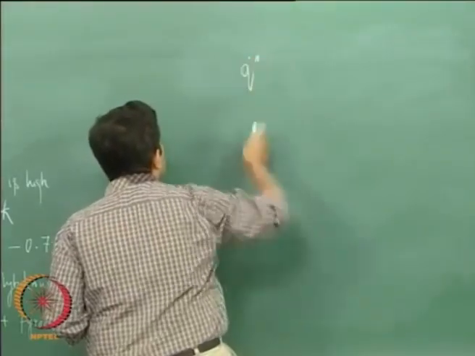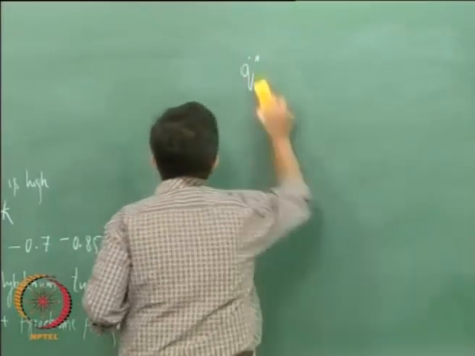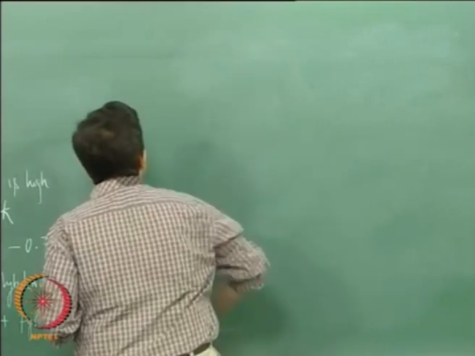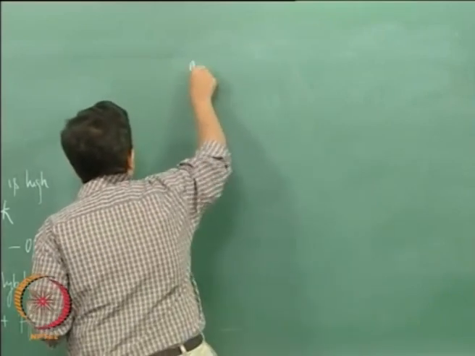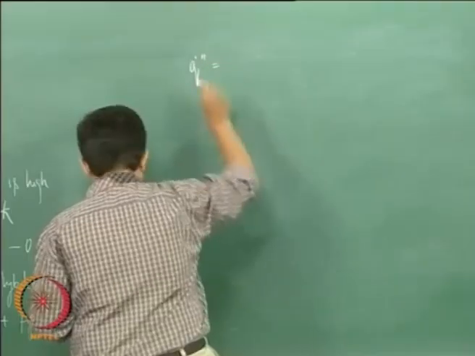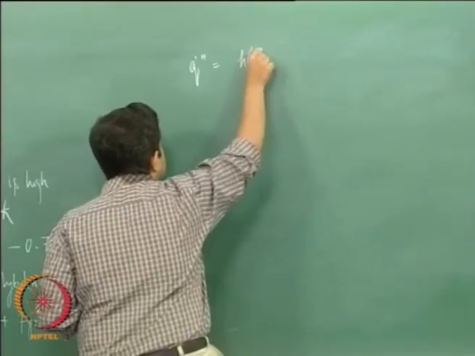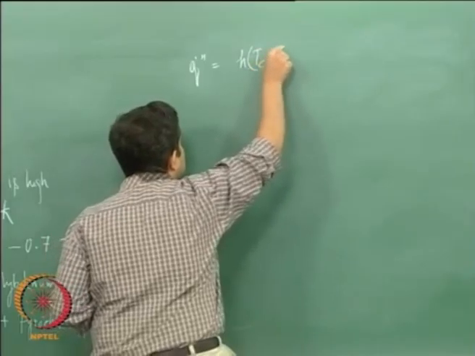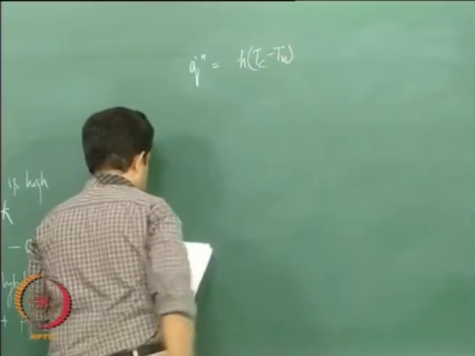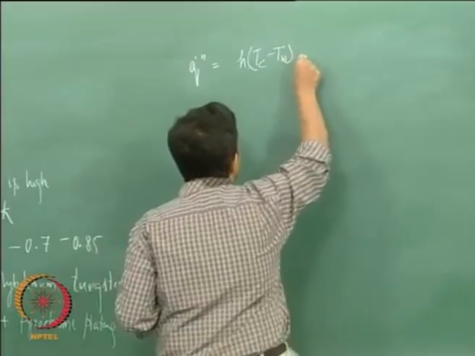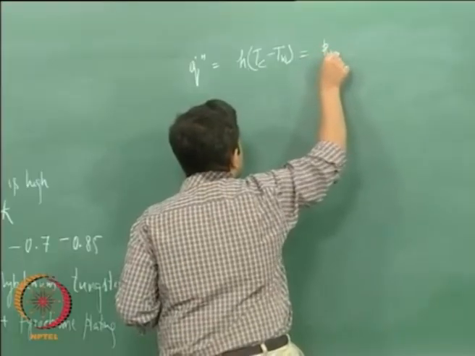Q dot double prime equals Hg times (Tc minus Tg wall), which is equal to K wall times (Tg wall minus T wall) over the wall thickness.